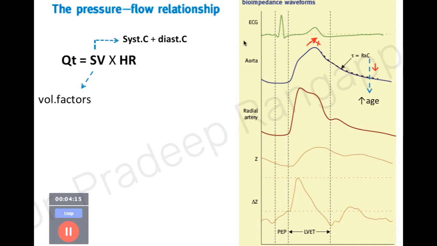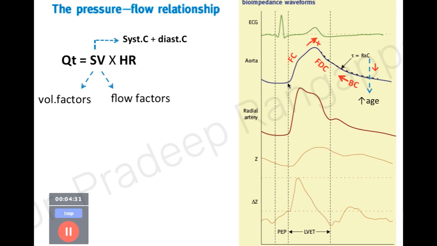So just focus on this curve. When there is a stroke volume, there are volume factors and flow factors. When the blood is ejected into the aorta, a waveform of this nature is created.